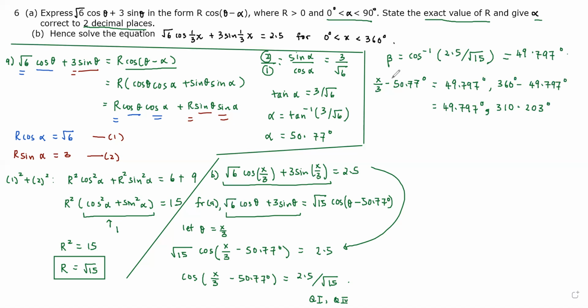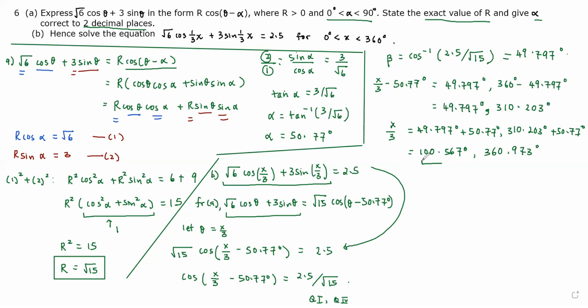To find the value of x, you need to isolate x over 3 first, so that x over 3 is 49.797 plus 50.77 degrees, and we do the same for the second angle, 310.203 plus 50.77 degrees. That will give us 100.567 and 360.973 degrees.